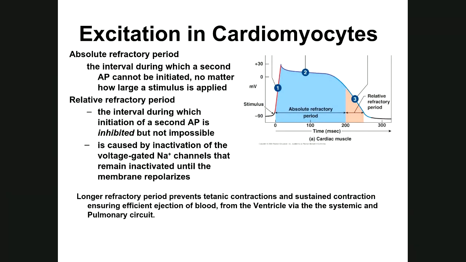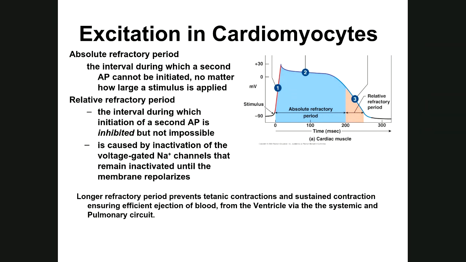As you can see here, after 200 milliseconds, repolarization starts until it reaches the resting membrane potential again. And this longer refractory period is very beneficial because it prevents tetanic contractions and also sustains the contractions.